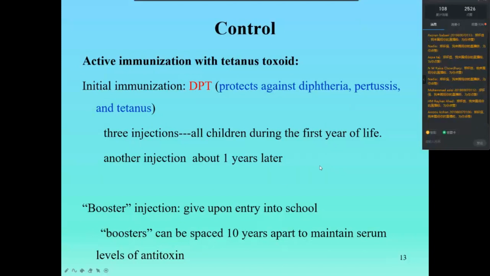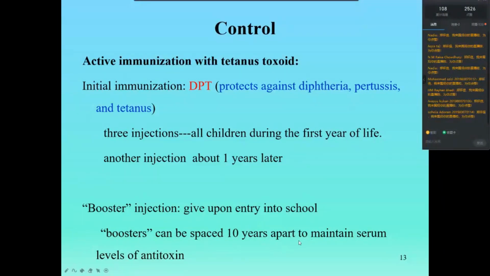But in some countries, such as in Japan, after the initial immunization, when the children grow up, they give them a booster injection upon entry into school. And even after that, even for adults, they will get a booster every 10 years.